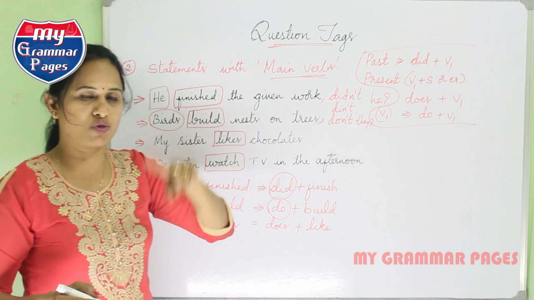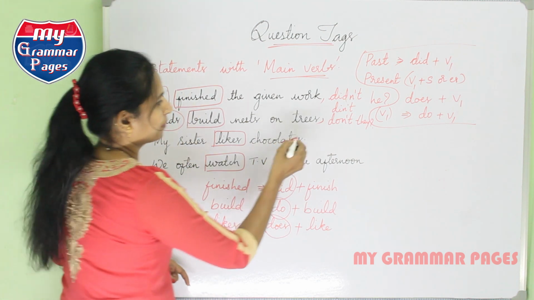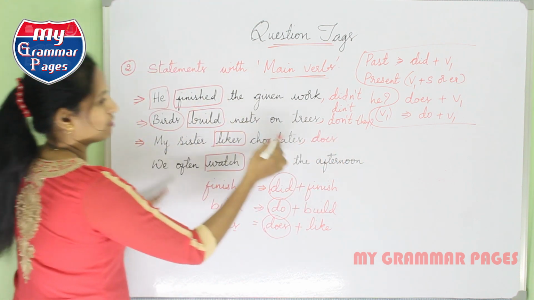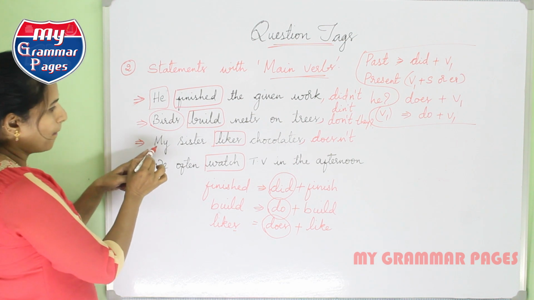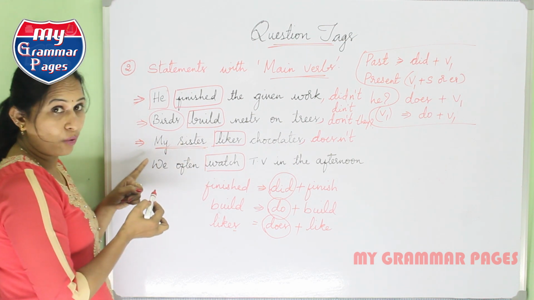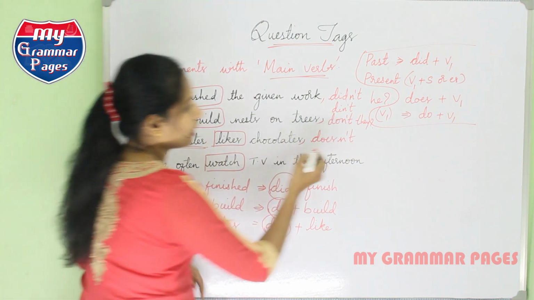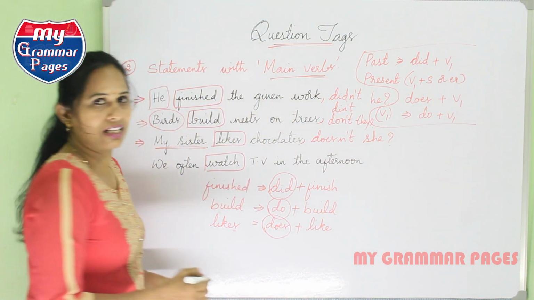So we are taking the root form or the base form, that is like. Now I am going to take does. Take the word does. A positive statement becomes a negative tag: doesn't. My sister. Are we going to write my sister as it is there? No. We are going to take the personal pronoun she. Doesn't she is the answer.